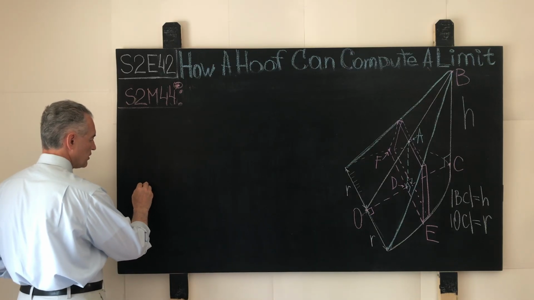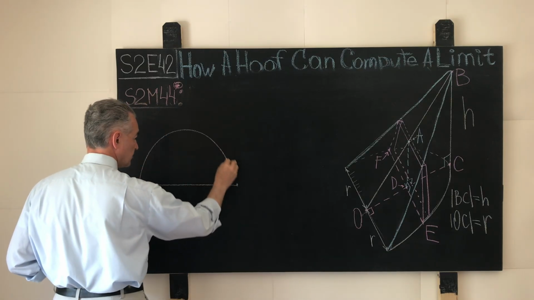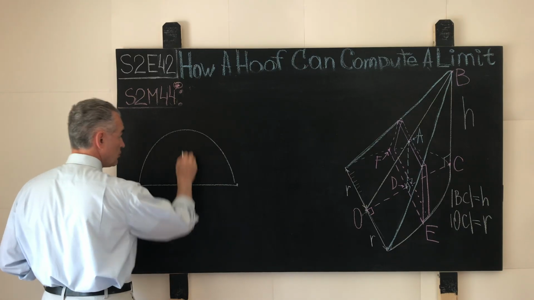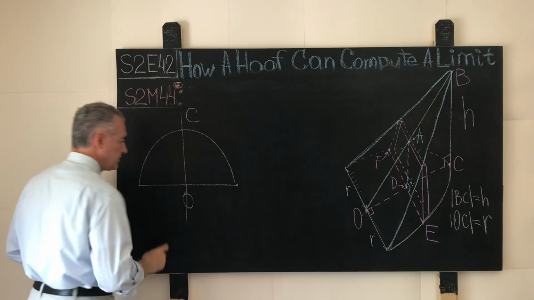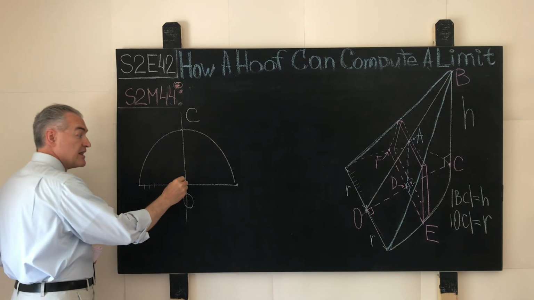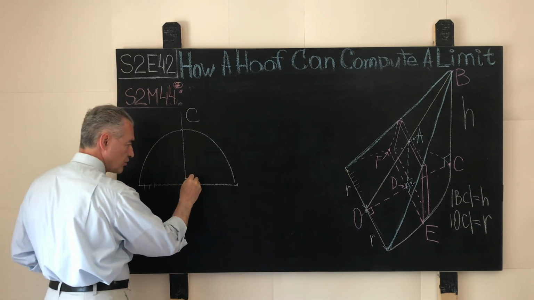This will be our semicircular base. Remember, this is the point O. Here, in this case, this is the point C. And in the previous segment, we partitioned this line segment this way. This time, we partition this line segment this way.